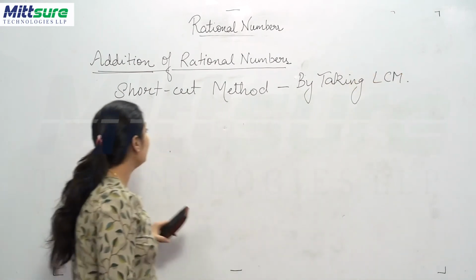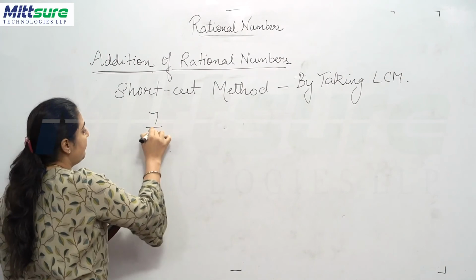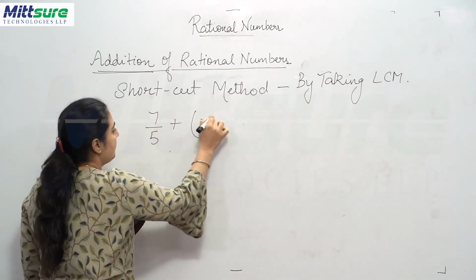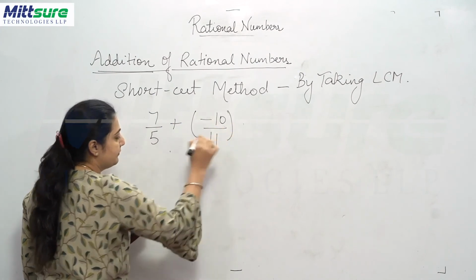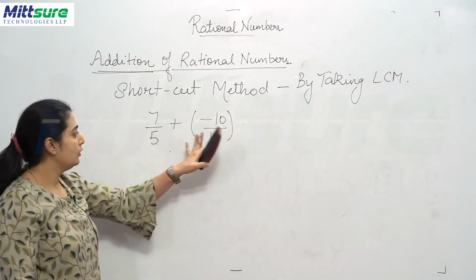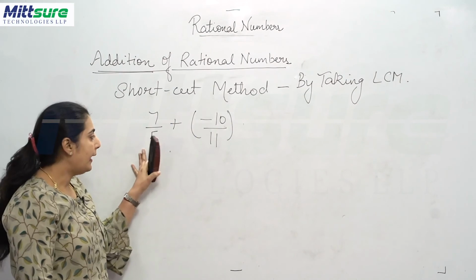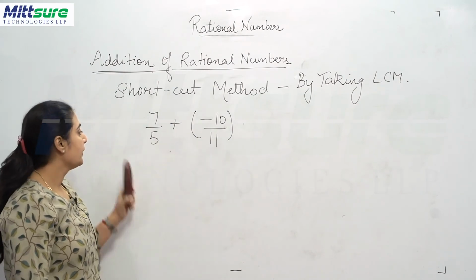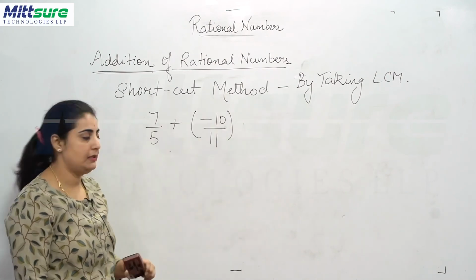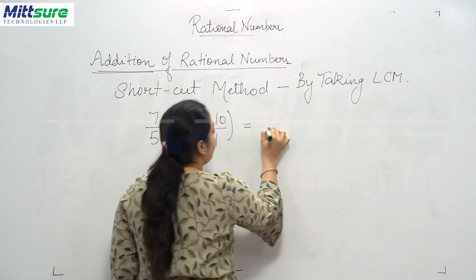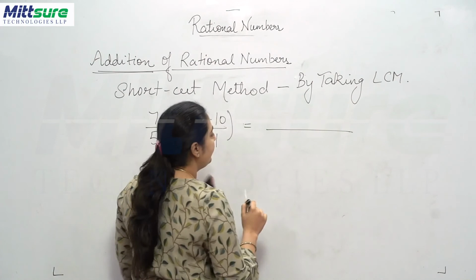Okay, so 7 upon 5 plus minus 10 upon 11. These are my two rational numbers and I am supposed to find out their sum by using the LCM method. So I will simply find out the LCM of 5 and 11.